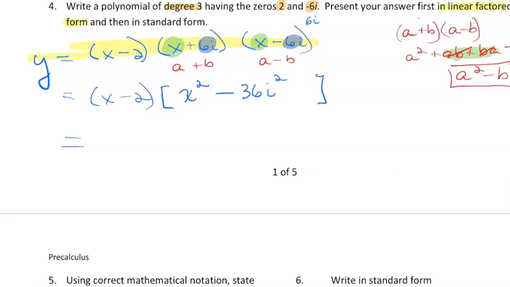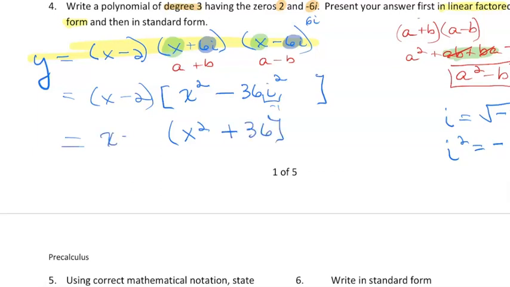So I'm going to make some notes over here. i equals the square root of negative 1. Therefore, i squared equals negative 1. Okay, so with that in mind, my bracket becomes x squared minus, if this guy is a minus 1, it's going to flip that sign.